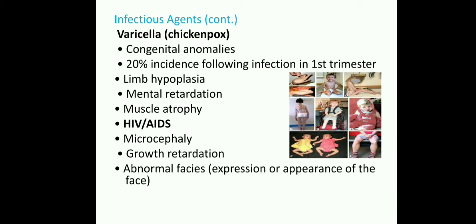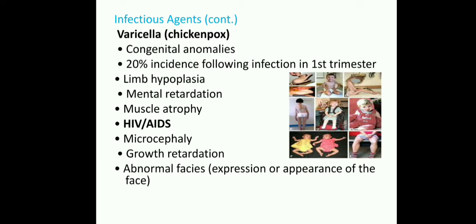Next one is if the mother is suffering with varicella infection, that means chickenpox. What defects may appear in those babies, that is, congenital anomalies? There is a 20% incidence following infection in the first trimester. The pregnancy may be aborted.